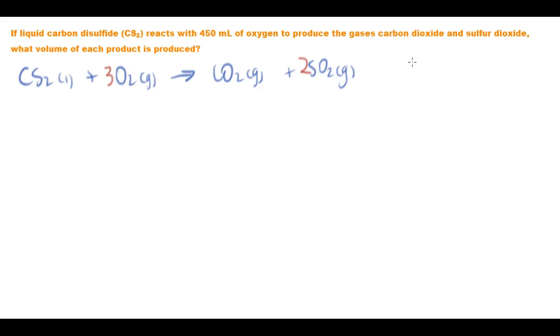So let's do the molar ratios. For every 1 carbon disulfide, we need 3 oxygens. You produce 1 carbon dioxide and 2 sulfur dioxide. So here, notice that not all the components in this reaction are gases. We have a liquid here.